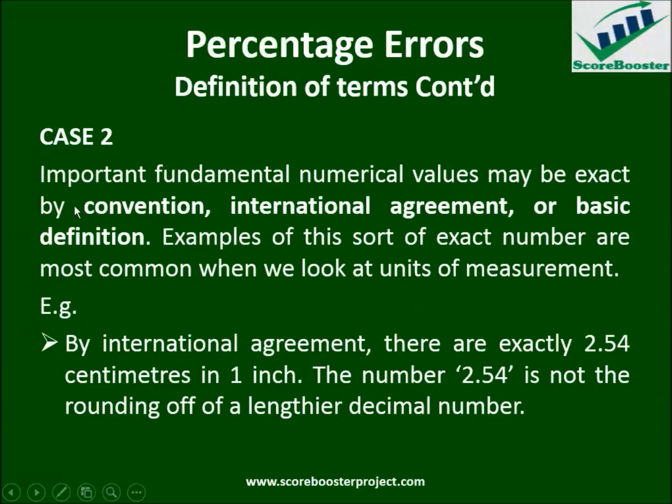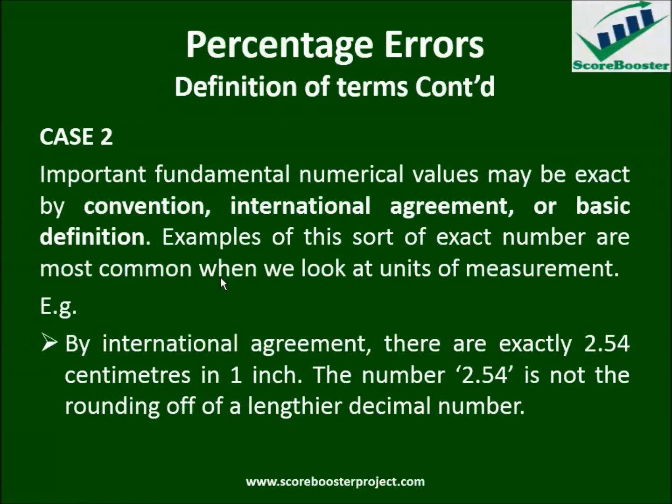By convention, which is usually a meeting of professionals concerned regarding the use of a particular unit of measurement, or international agreement, which will be reached by different countries regarding a particular unit of measurement, or the basic definition given to those particular units of measurement.